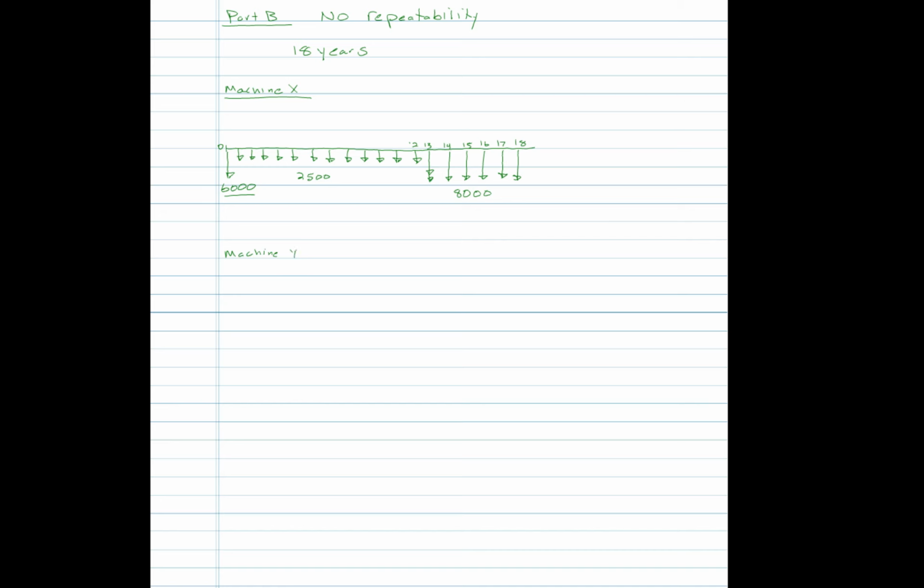Machine Y is going to look like the original expense of $14,000, and then $2,400 each year, 1 through 18. And it's $2,400. And then it has a salvage value of $2,800 in year 18.